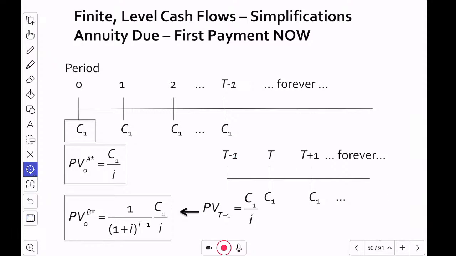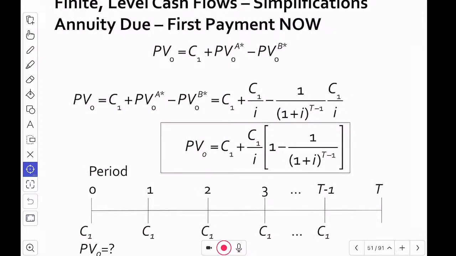So I need to do the same thing as I did before. I don't pay these, so I'm going to subtract them from these amounts. You don't have to repeat what I've done here. You just need to understand this is the basis for these formulas, where they come from. So I'm going to subtract this discounted perpetuity from this perpetuity, and I'll leave this aside because that has to be added as well.